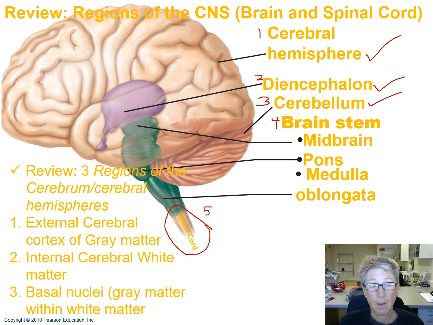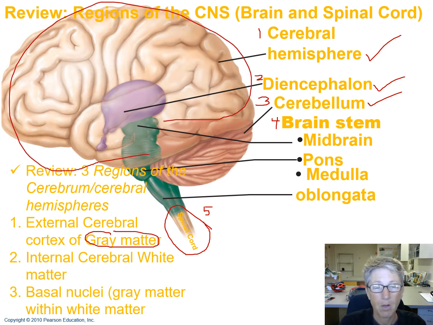Within the cerebral hemisphere, well, there are two cerebral hemispheres, and together they make up the cerebrum. Within the cerebrum there are three subregions. There's the gray matter, that's the cortex, the most superficial part of the whole cerebrum.